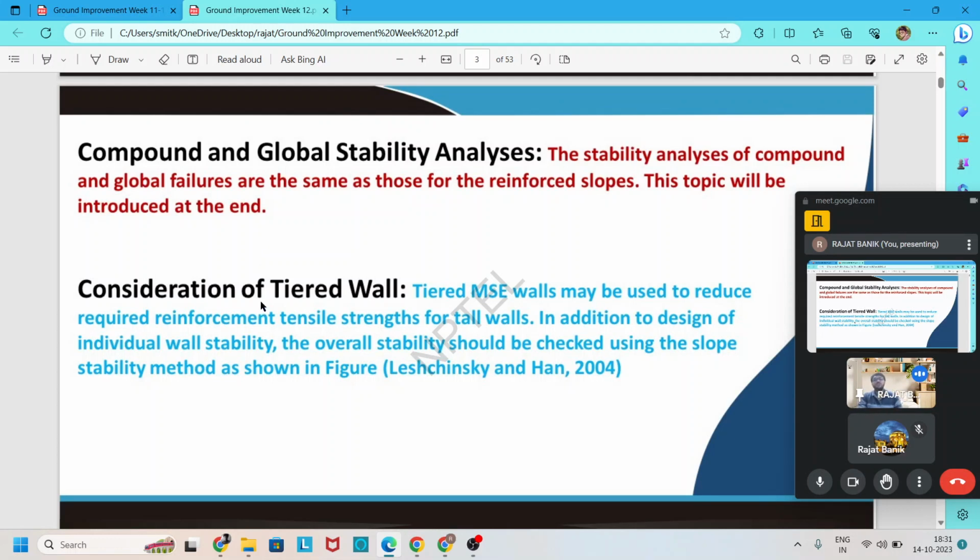So we can use the tiered wall when the wall is very tall. We divide the wall into a number of sections and design them one by one.